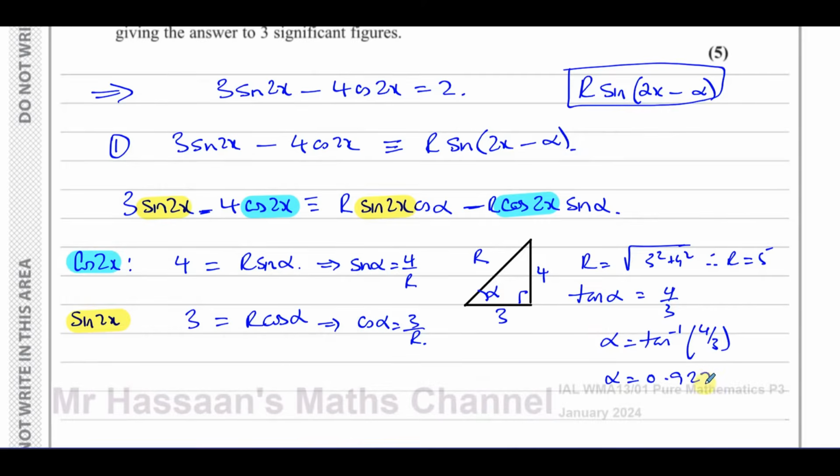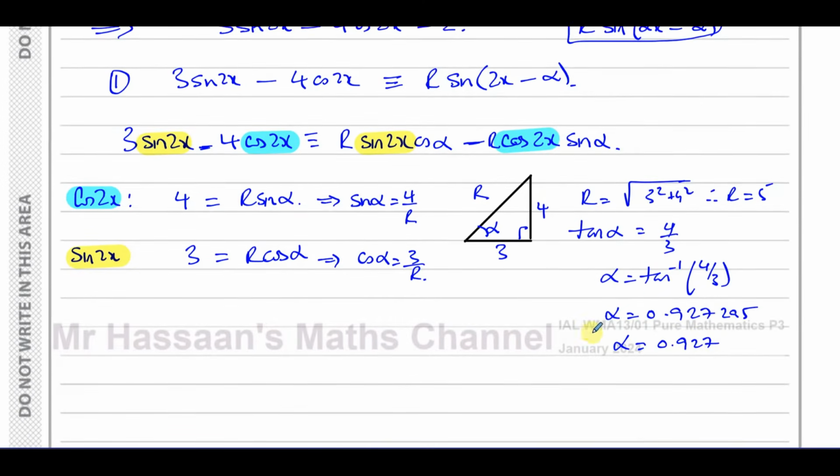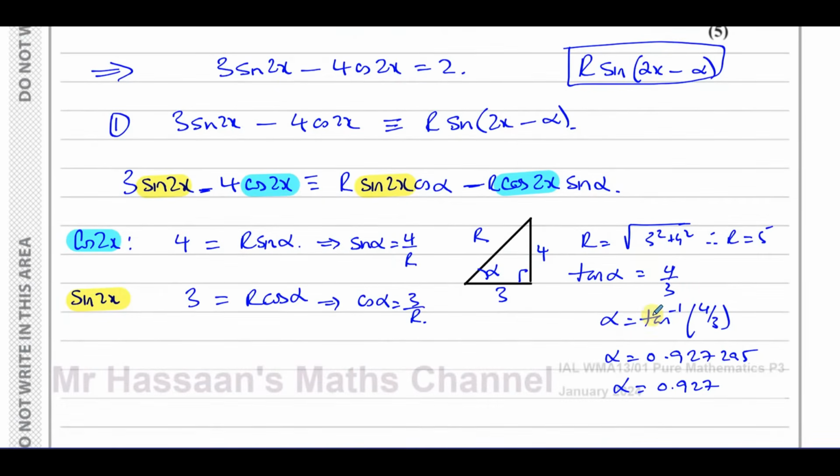They want it to 3 significant figures, so alpha is 0.927. Sorry, that's the final answer. What am I doing? We'll leave it as 0.9272 for now, and we can round it at the end, in our final answer.